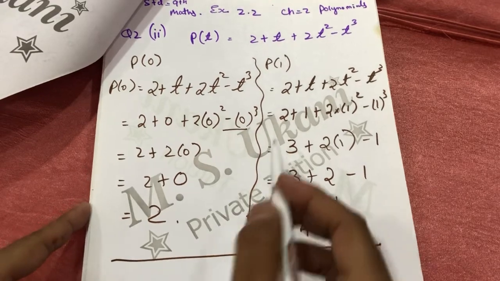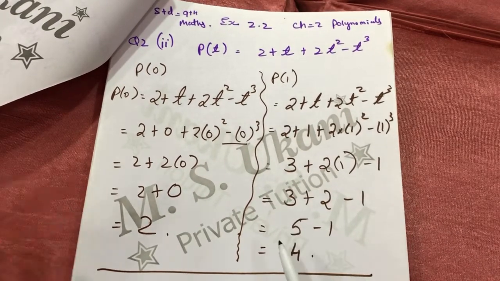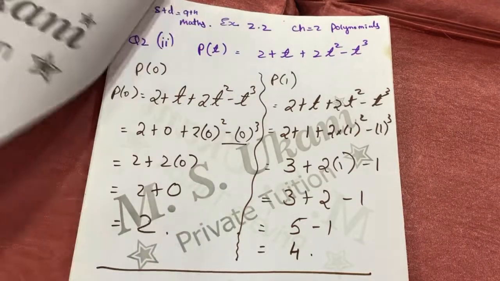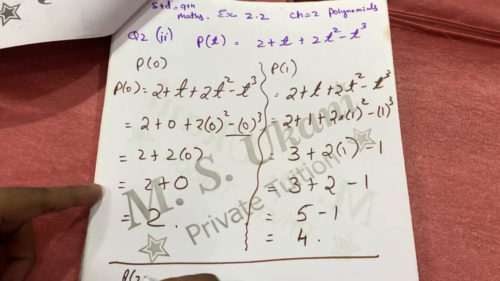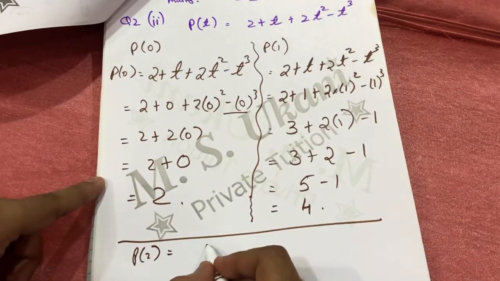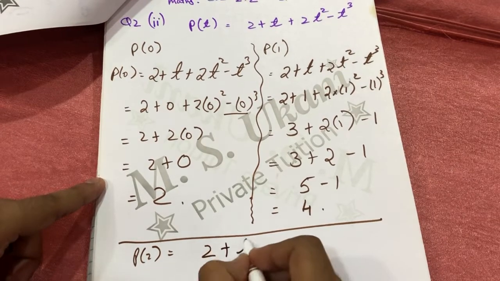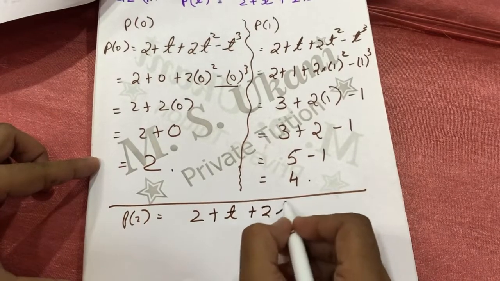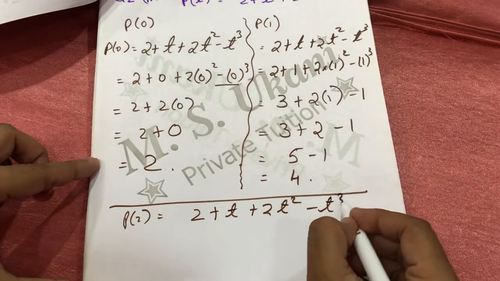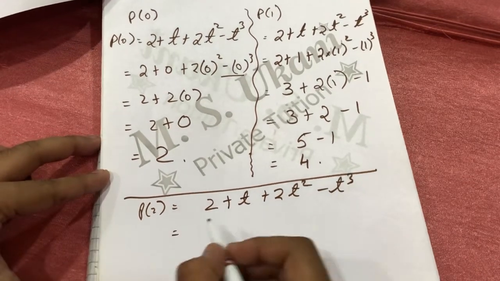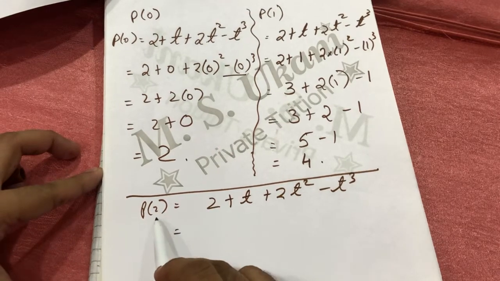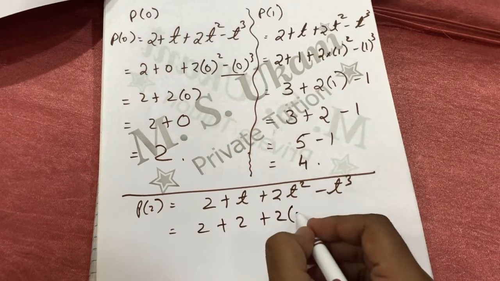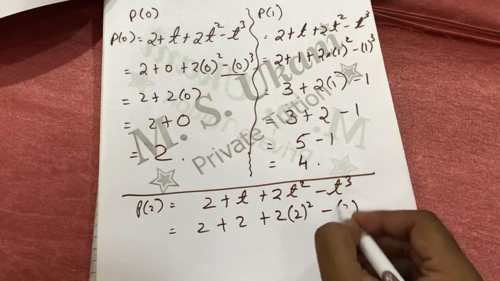So when we are putting 1 in place of t, our polynomial answer is 4. Now let us do the third one. Now we will put the value 2, because in the question the value 2 is also there. So p(2) equals, again we are writing the question, 2 plus t plus 2t square minus t cube. Now in place of t we will put the value 2. So 2 plus 2 plus 2 multiplied by 2 whole square minus 2 cube.